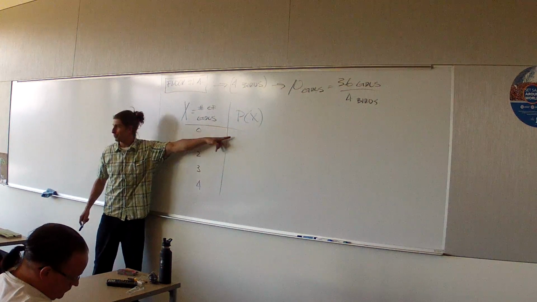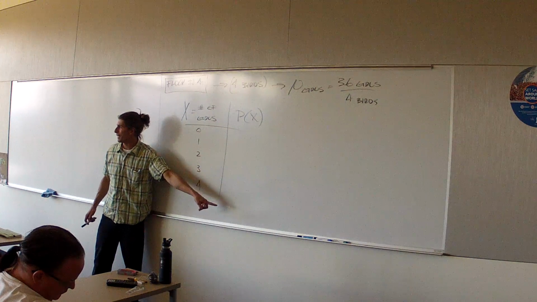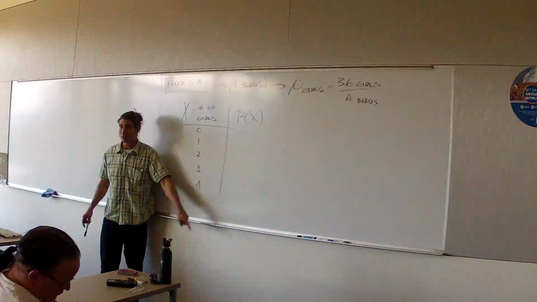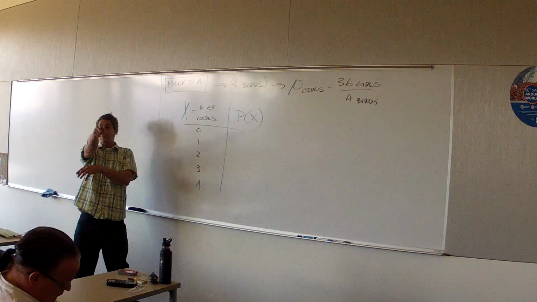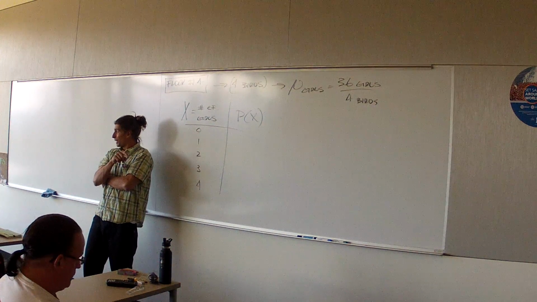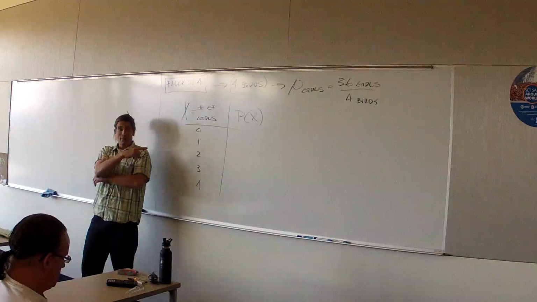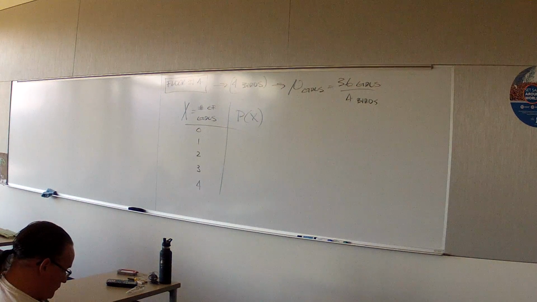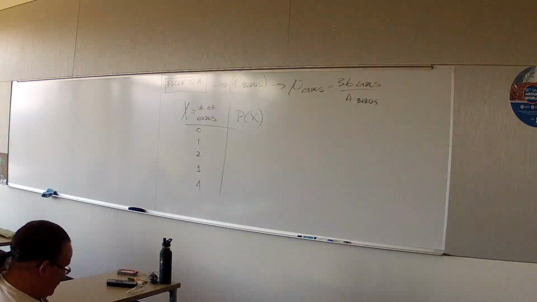But the difference is this isn't 0.2, 0.2, 0.2, 0.2, 0.2. I want you to figure out what these probabilities are. So take some time right now, use the previous ones as a model for what we did, and come up with these probabilities. And as you're doing that, I'm going to wander around and share with you the program that I shared with this side of the class already. Then we'll come back and revisit this one.